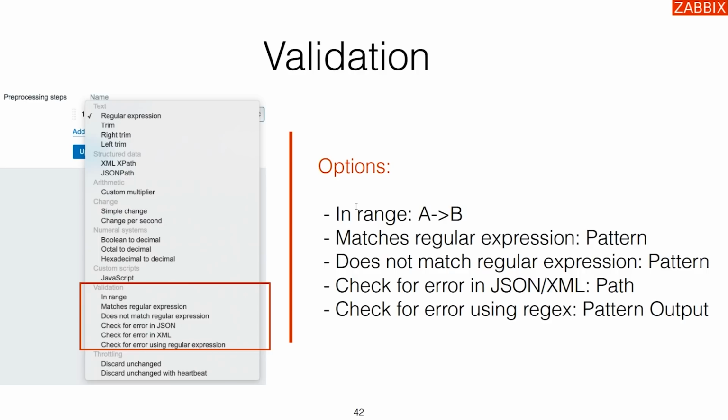What happens normally, and this is a frequent case with the sensors? Let's say we monitor some sensor that returns a value from 1 to 10.